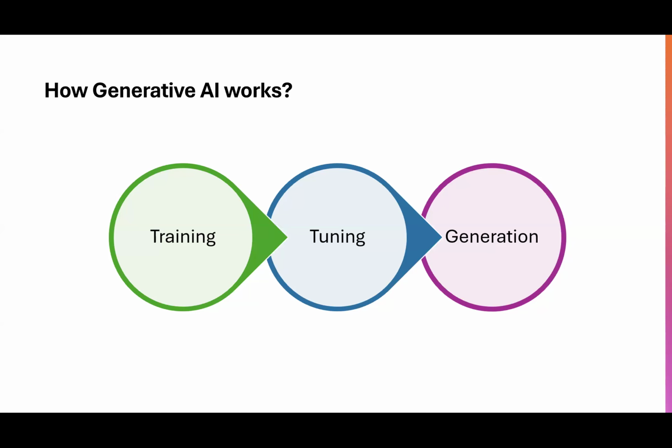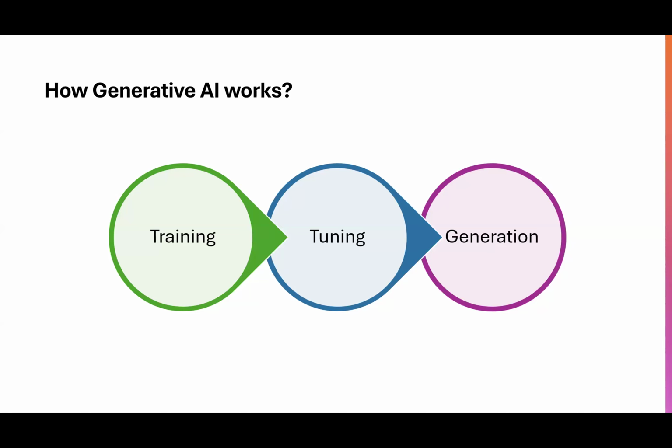The most common foundation models are large language models. These large language models are created for text generation applications. We also have different foundation models for image generation, video generation, audio generation, and so on.